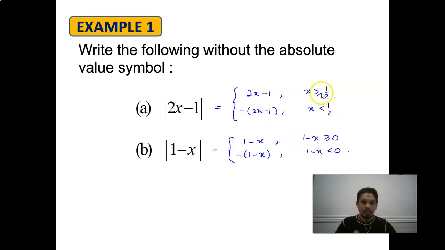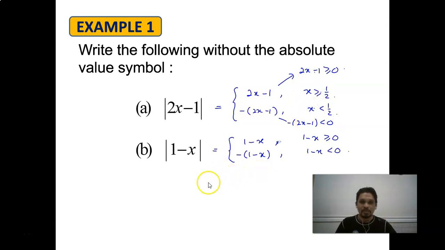For this one, before we reach this point, actually I suppose we write that this one has 2x minus 1 greater than or equal to 0, and this one here negative of 2x minus 1 which is less than 0. Then from here we get this one, and this we got this one.